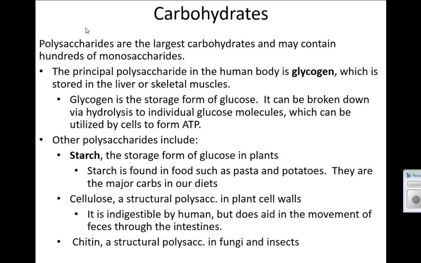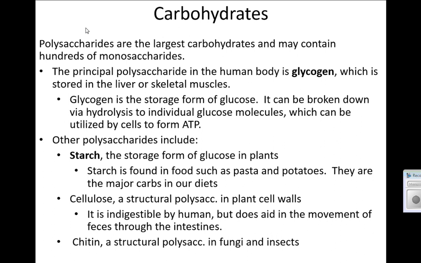Later in the semester, when we talk about glycolysis, Krebs cycle, transition reaction, electron transport chain, we're going to learn how glucose is utilized in the making of ATP. So even though we should strive to get more of the complex polysaccharides in our diet, it's not to say that simple sugars like glucose in our body aren't going to play a big role, because they will.